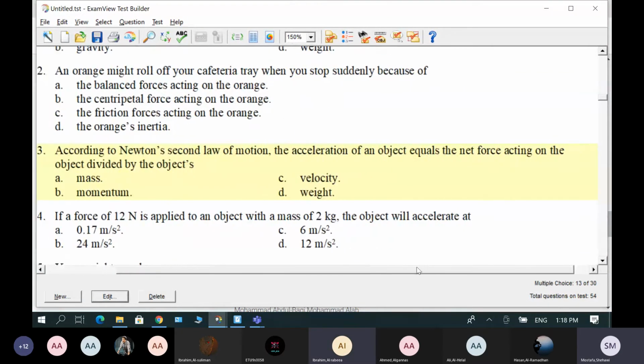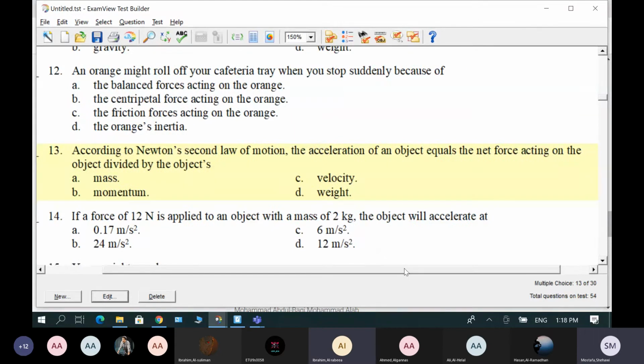According to Newton's second law of motion, the acceleration of an object equals the net force acting on the object divided by the object's momentum. No, not momentum. Force divided by what equals acceleration?